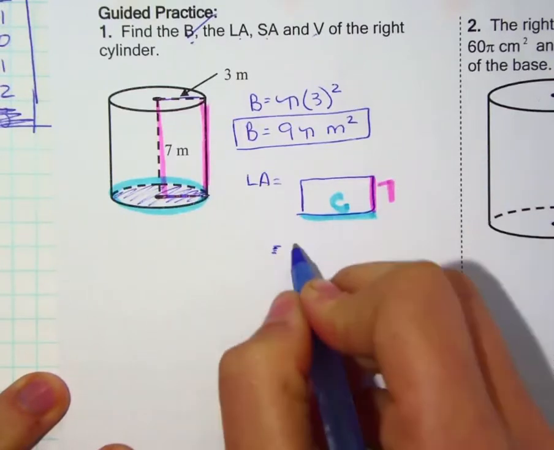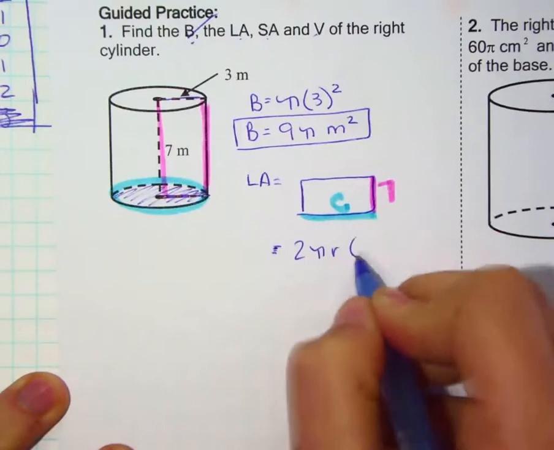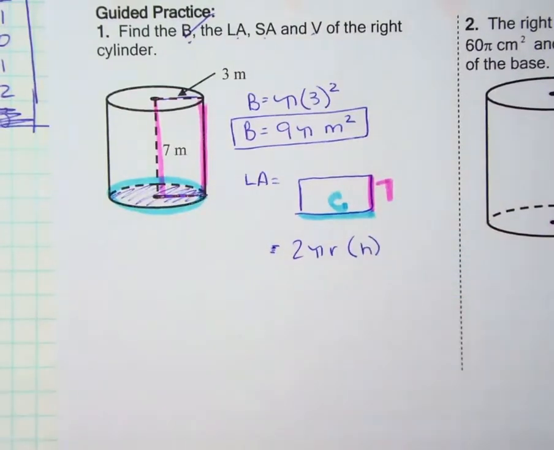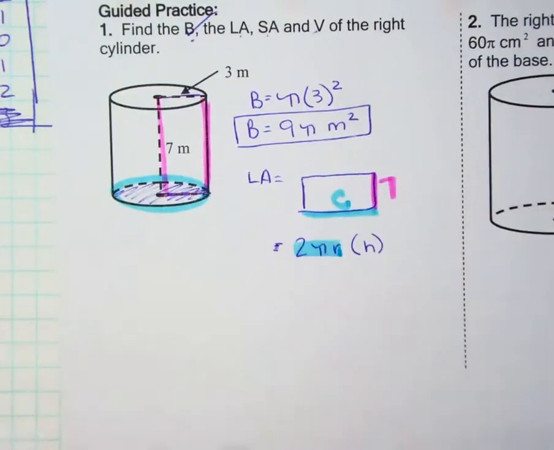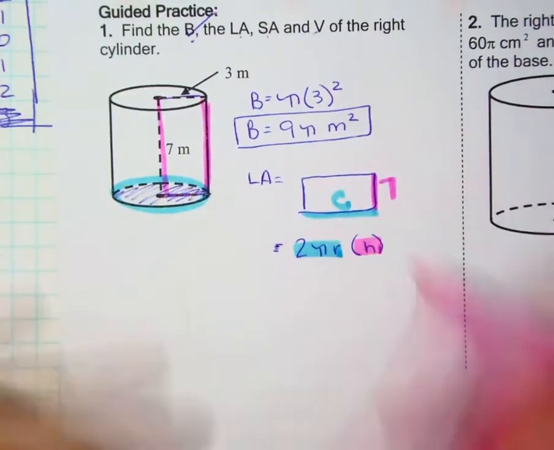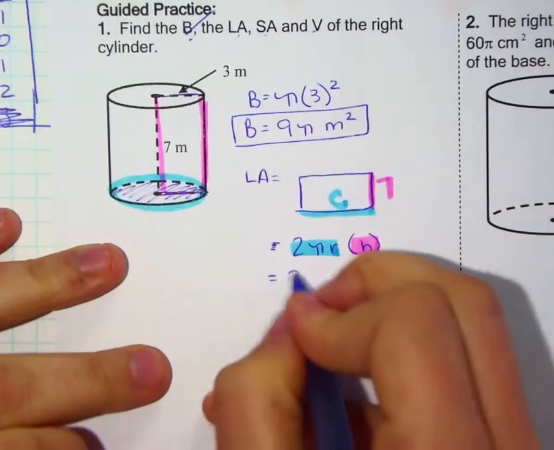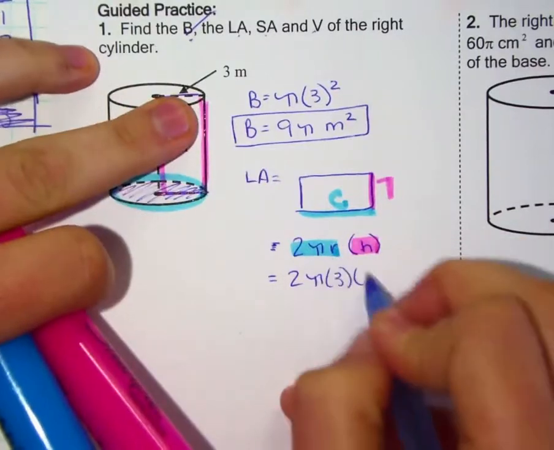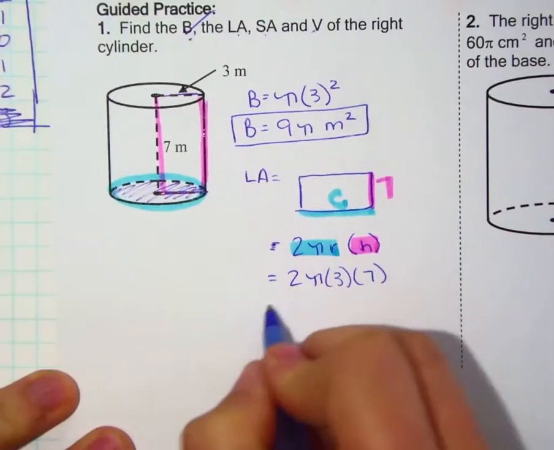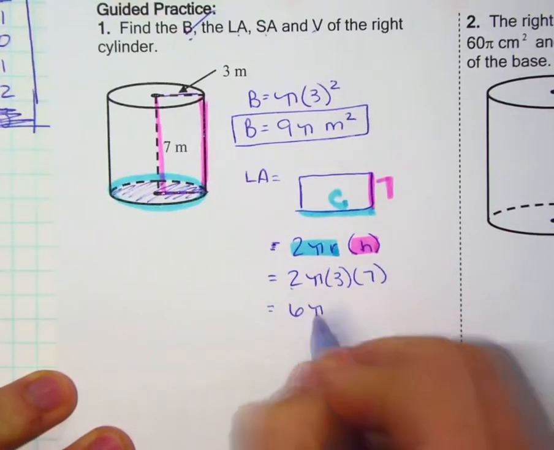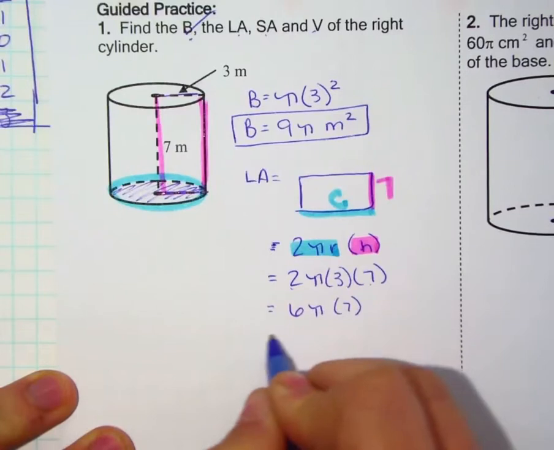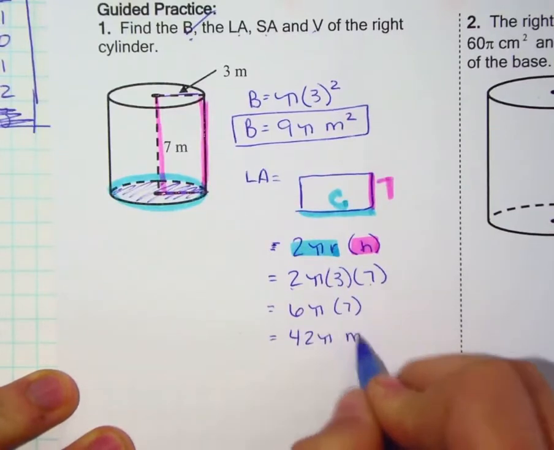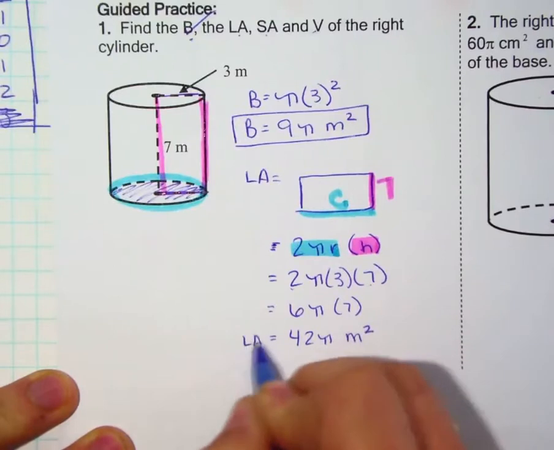So length, 2 pi r, times the height, which is 7. So 2 times pi times the radius, which is 3, times the height, which is 7. Multiply everything together. 2 times 3 is 6 pi times 7, and 6 times 7 is 42 pi meters squared. This is the lateral area.